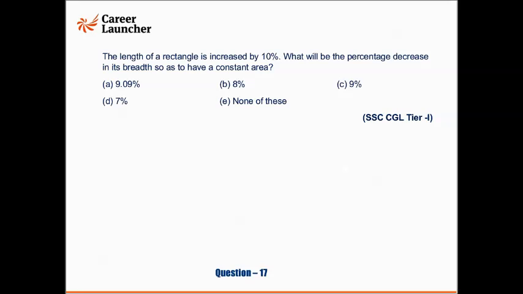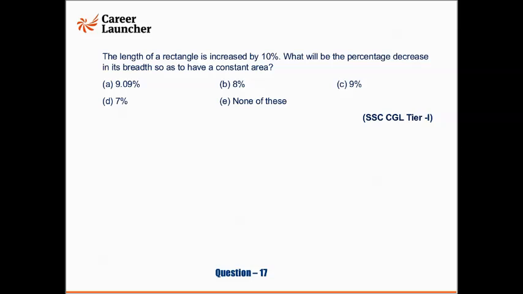Next question says, question number 17. The length of a rectangle is increased by 10%. What will be the percentage decrease in its breadth so as to have a constant area? The length has been increased by 10%. So the first method, which you can apply, this question actually is about successive percentage.